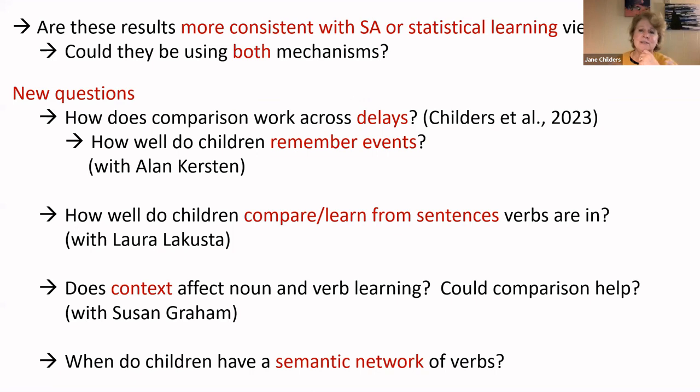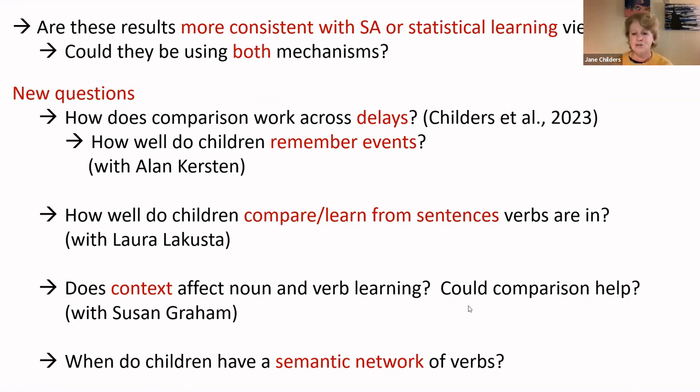And just to give you a preview of things that I'm doing right now in my lab, I'm looking across delays. What if there are delays between events that are compared, looking at how children remember events? If you're talking about comparing across delays, then we need to know how well they remember events from time 1 to time 2.